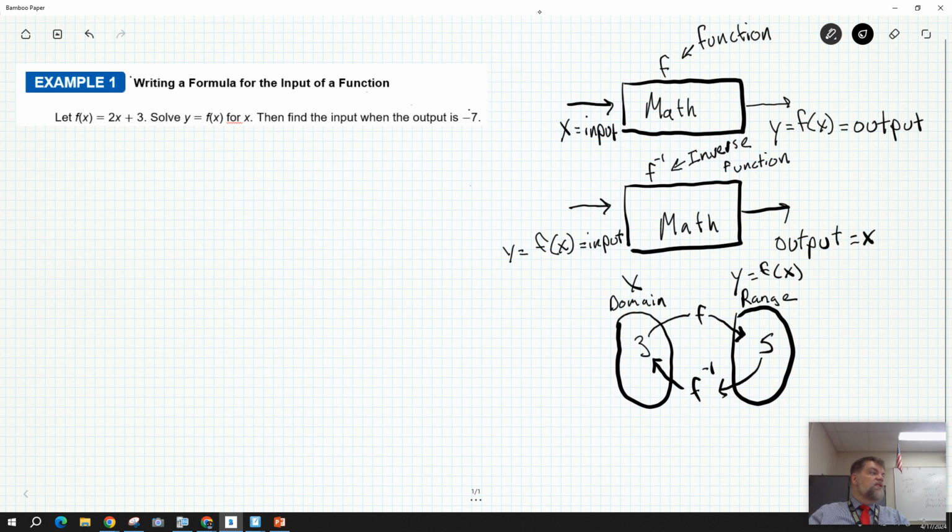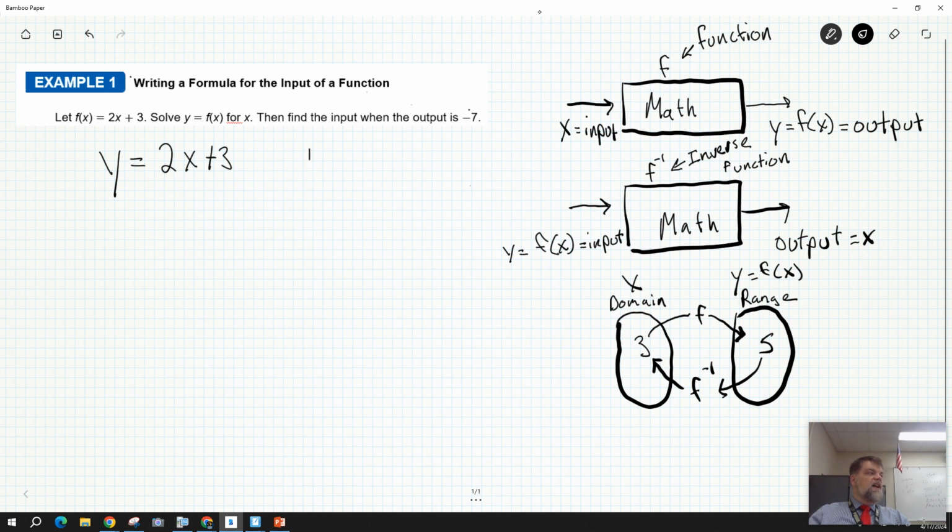So let's do that. It says, let f of x equal 2x plus 3. Solve y for f of x for x. Then find the input when the output is -7. Okay? So let's do that. I'm going to say y equals 2x plus 3.